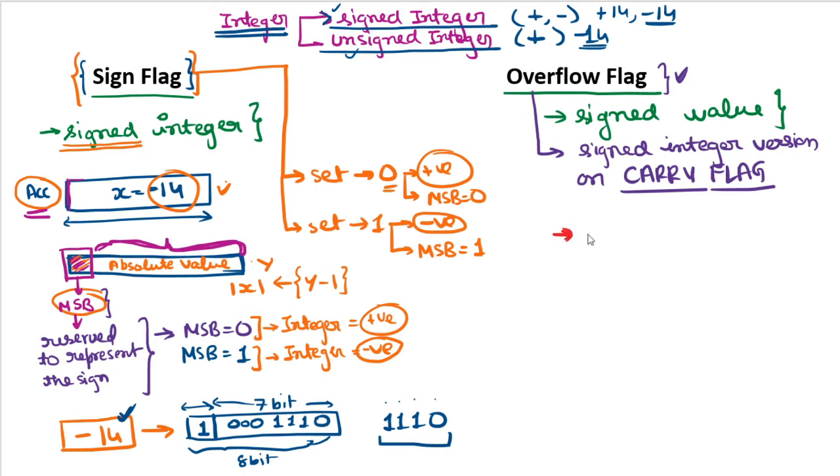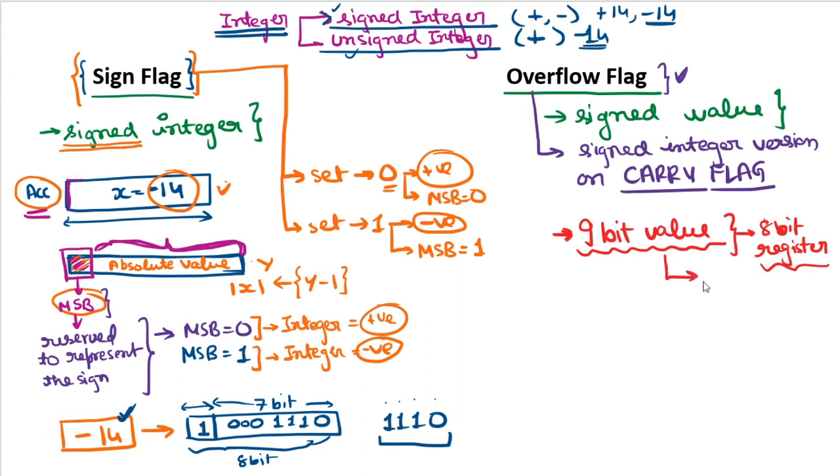You must remember that when we discussed the carry flag, the result after the operation was a 9-bit value, but since the accumulator register was an 8-bit register, we were not able to put a 9-bit value into an 8-bit register. Due to that we raised the carry flag, which represented that the value is not in the range that can be represented using only 8 bits.